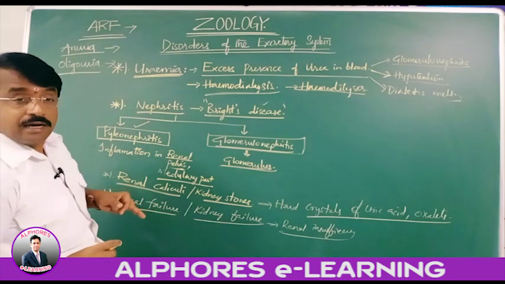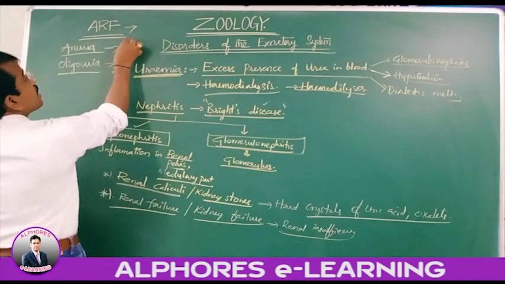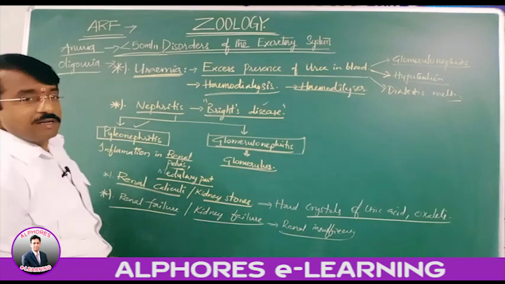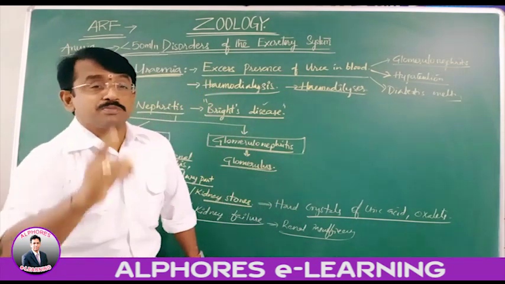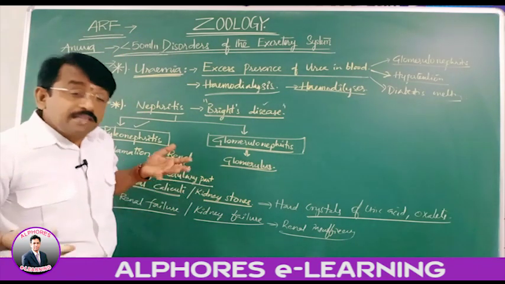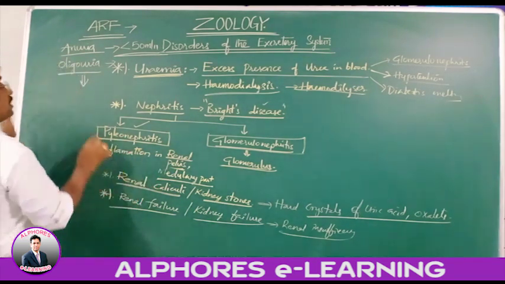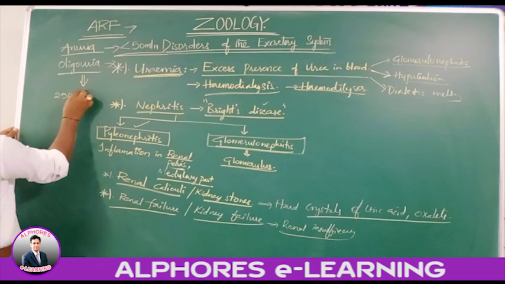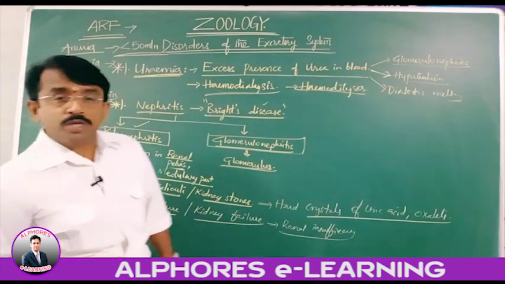Anuria in the sense of no urination, which means less than 50 ml of urine excretion per day. Imagine the general tendency: 1.5 liters of urine per day, and see here 50 ml. Where is the comparison? That's anuria. Oliguria, oligo refers to less. That is less urination, that is, if 250 ml of urine is excreted per day, it is said to be oliguria.